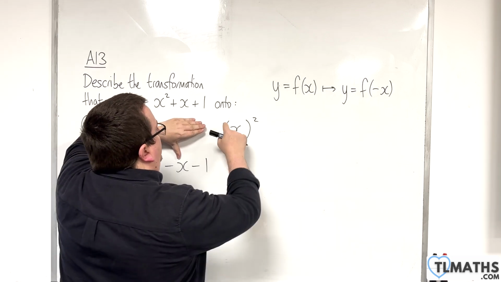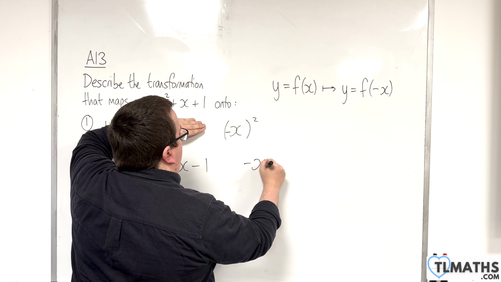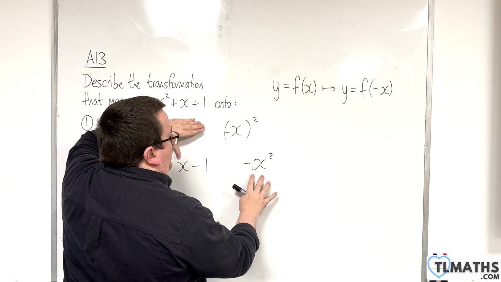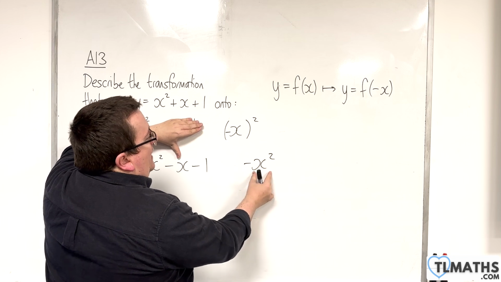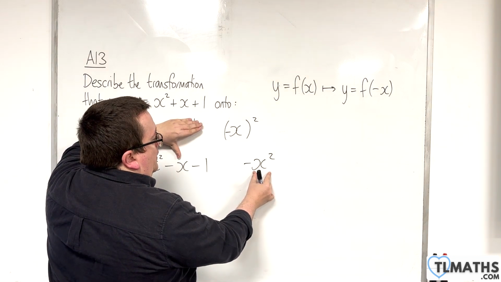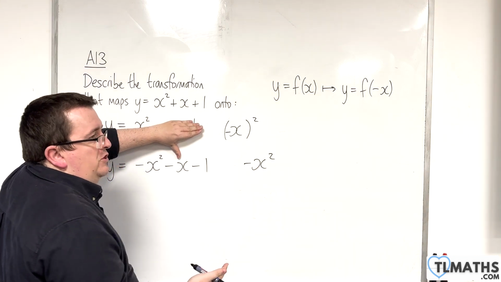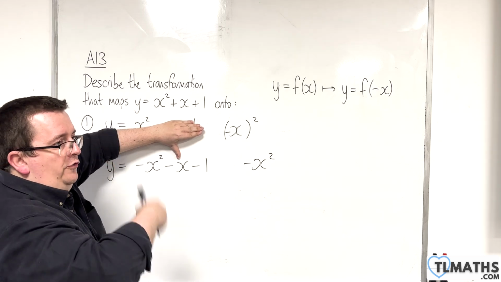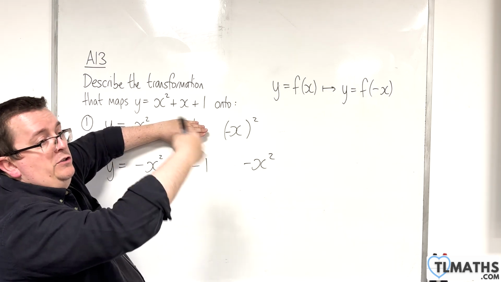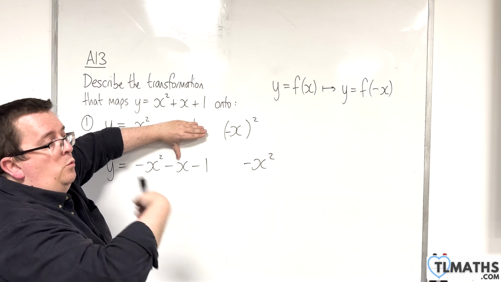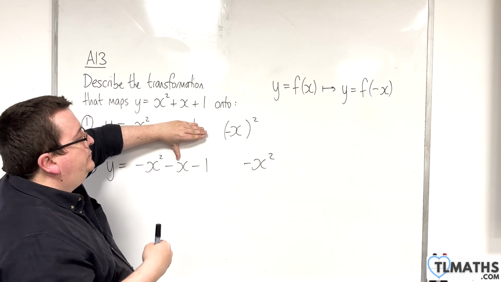Because if you're not, if you write down this, this is not negative x all squared. This is negative x squared. So it's essentially the difference between negative 2 times 2 and minus 2 times minus 2. So one will be positive, one will be negative.